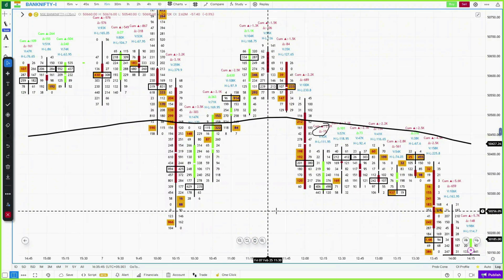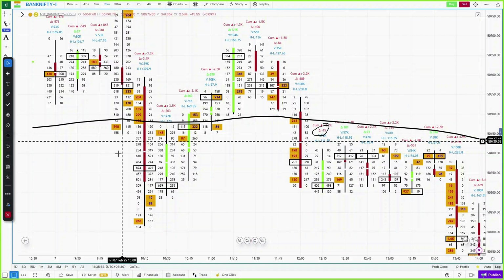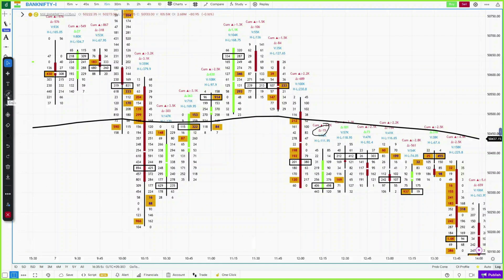Let's take another example here. I'm taking this because the prices have moved down. We are looking at aggressive sellers. There are aggressive sellers at lows, 158, 104 and 28. So this lowering of numbers told us that sellers are totally thinning out.